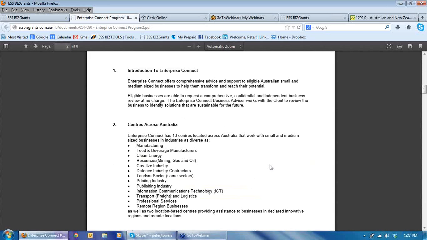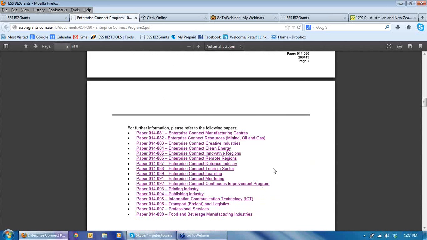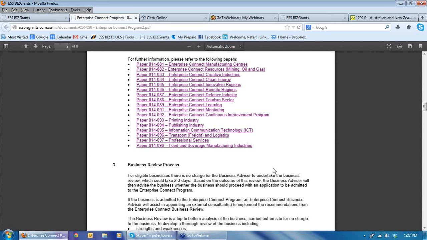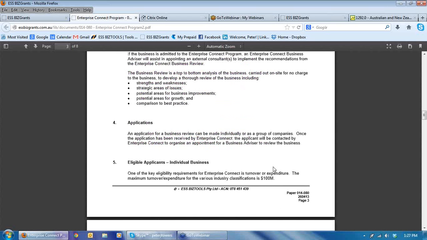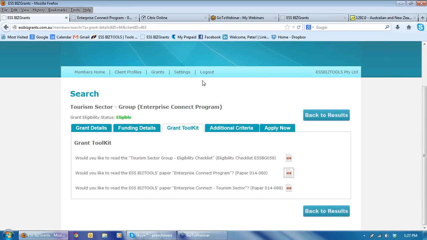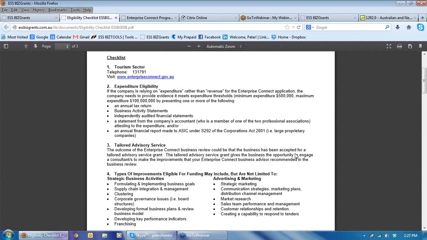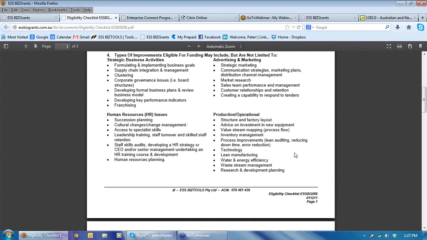If you want to, you could print this paper up to show your client when you have a meeting with the client on particular grants that might be available for them. There's also a checklist for this particular grant, which is telling you how the tourism sector operates and what you might be able to spend some of the money on.